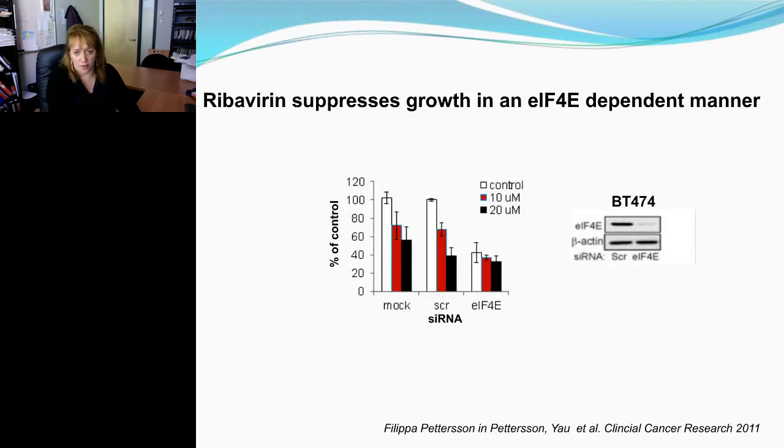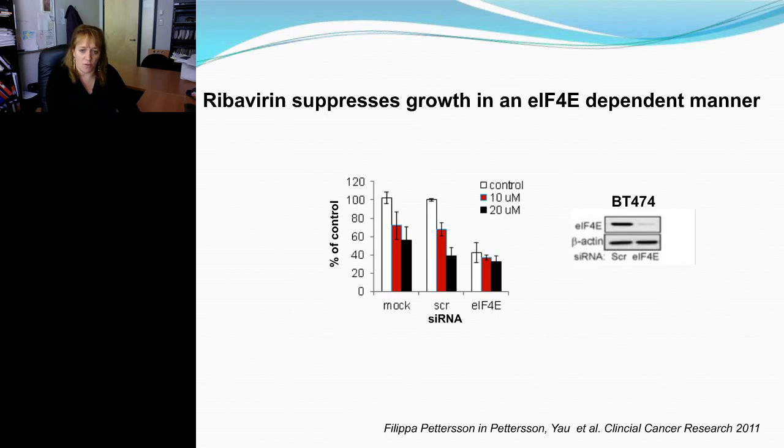Now, because ribavirin is a small drug, its effects could be highly pleiotropic, so you clearly have to show that the effects you observe on growth, for instance, are due to its effects on 4E. What you see is an experiment by Wilson Miller's lab, Philip Peterson in particular, where breast cancer cells were treated with siRNA to scrambled controls or to 4E, and then treated with ribavirin.